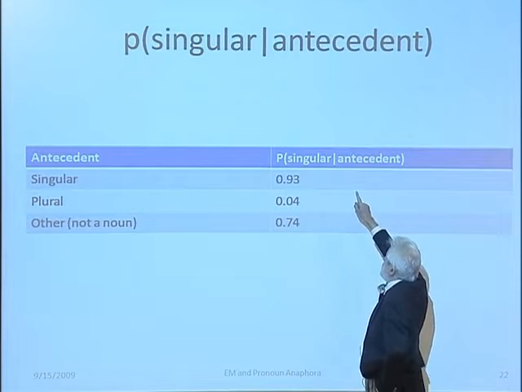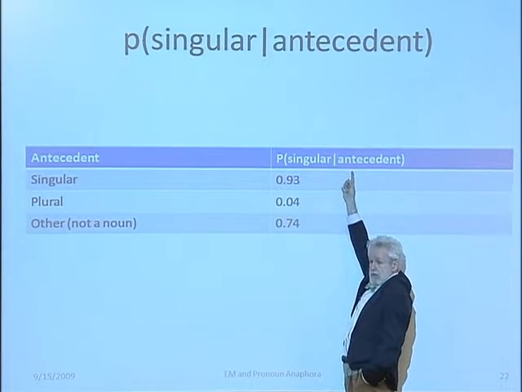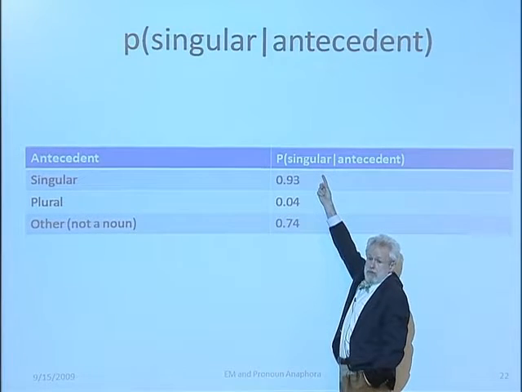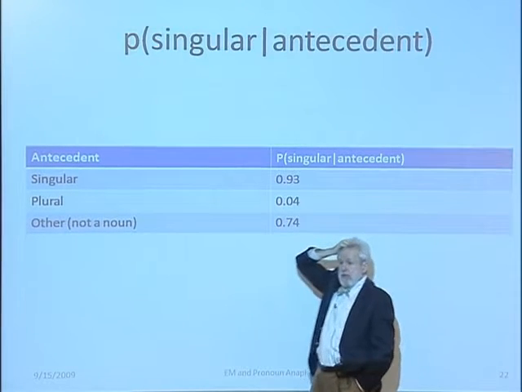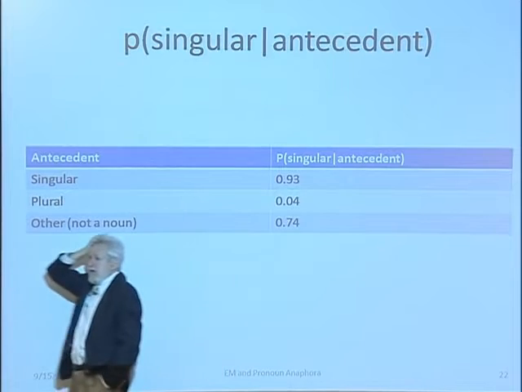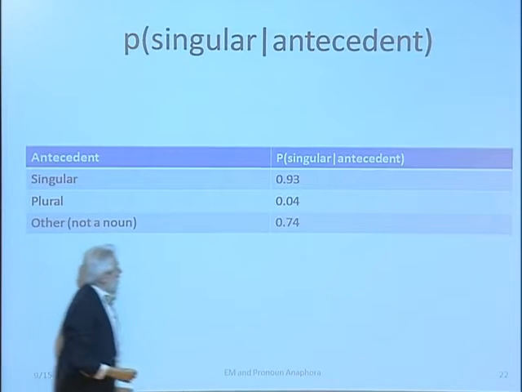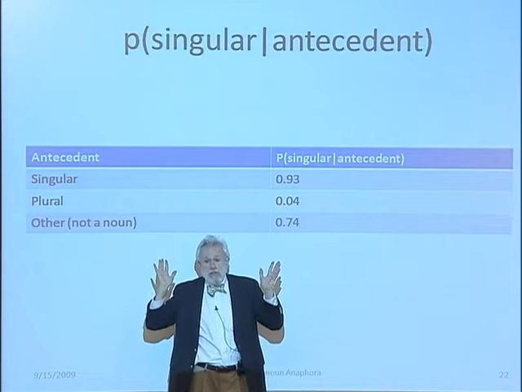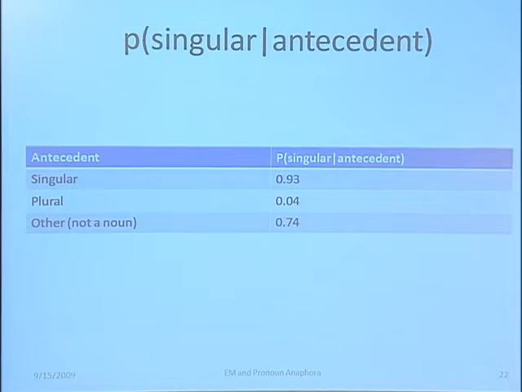If you say we've got a singular antecedent, what's the probability that the pronoun will be singular? That is less than 1. So there are examples like you are talking about some company, which is a singular entity, and then you talk about they, which is plural. So EM, again, is uncertain, but there the uncertainty is warranted. But it basically gets things right here.